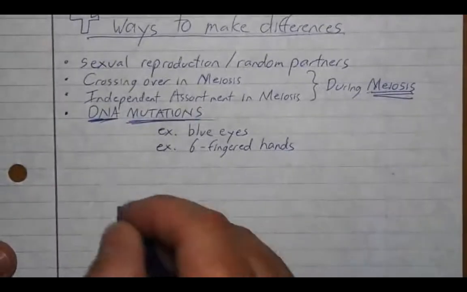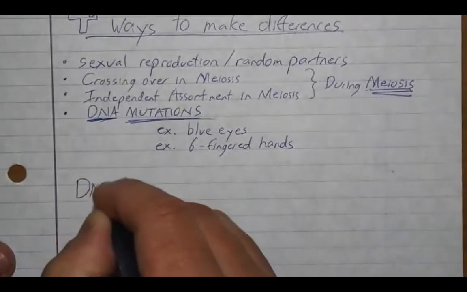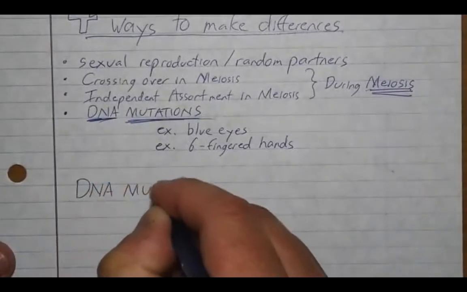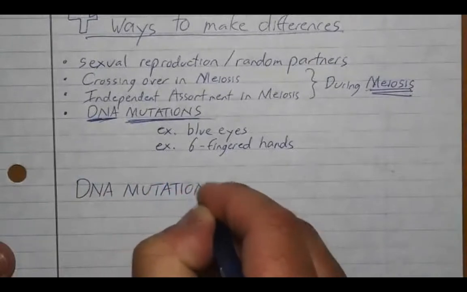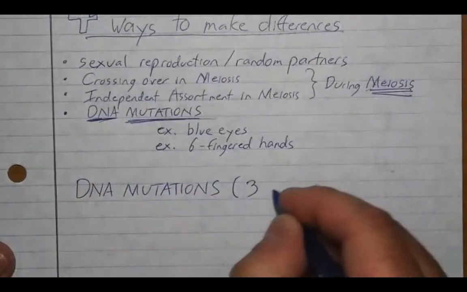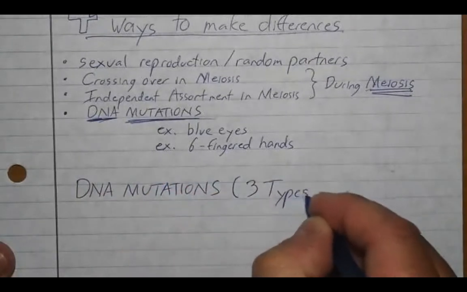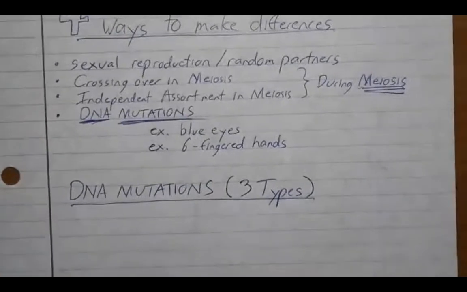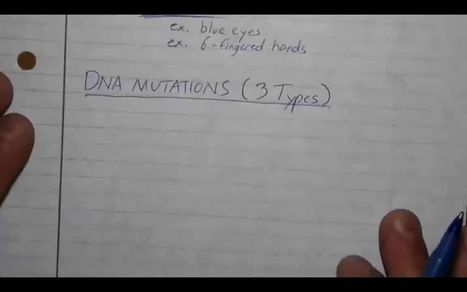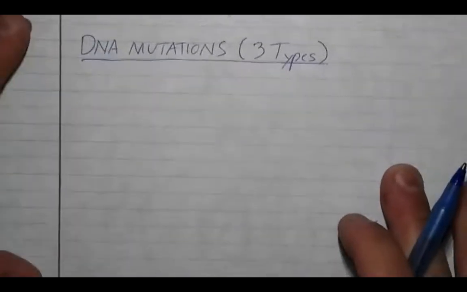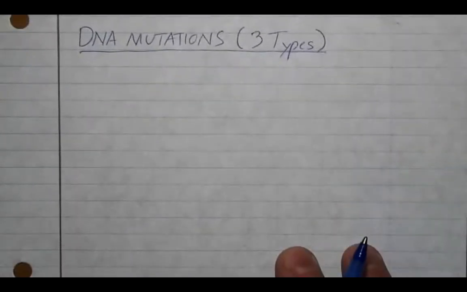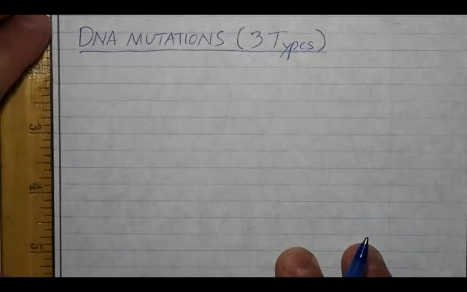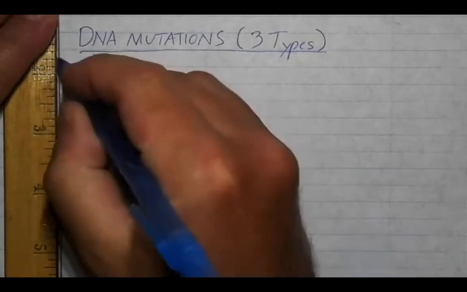So DNA mutations, let's make that nice and big. Okay, there's basically 3 different types of DNA mutations. And we're going to make a chart. Keep these all nice and clean with one another, so it's easy for us to keep them separated.